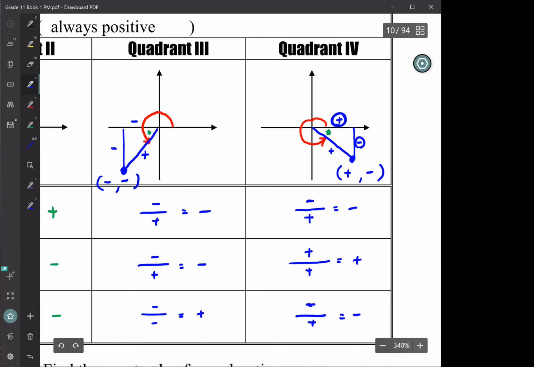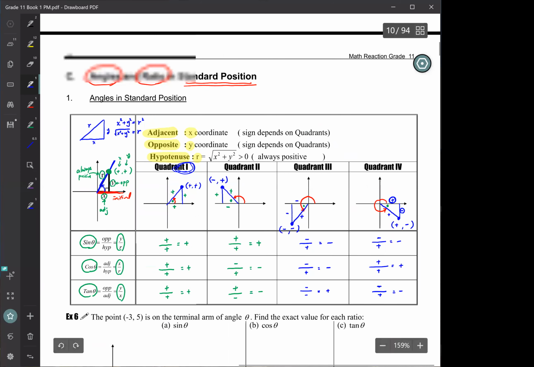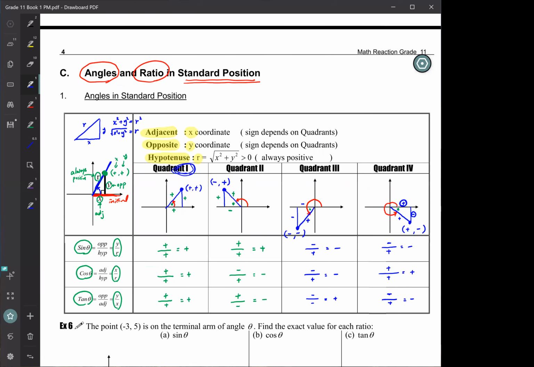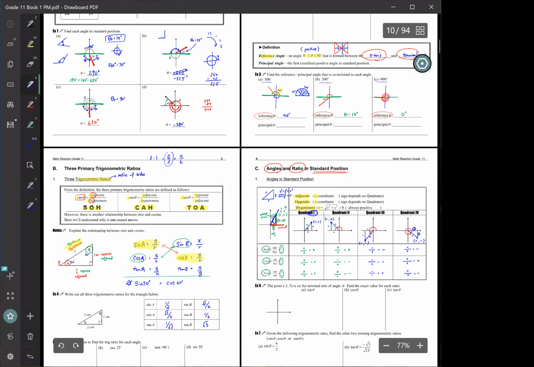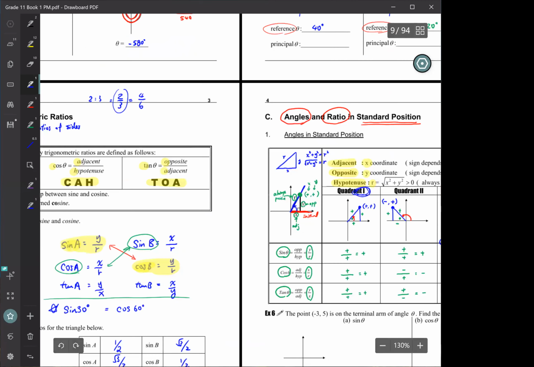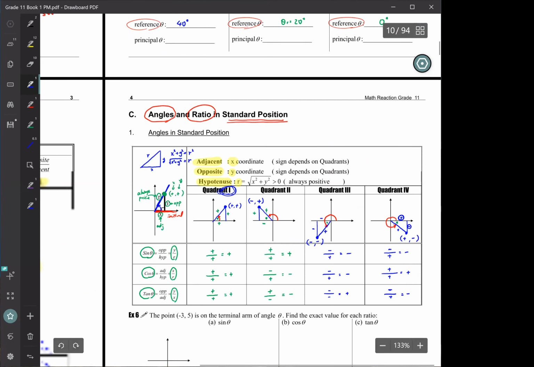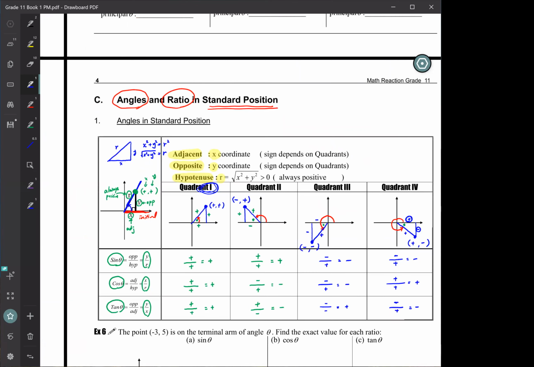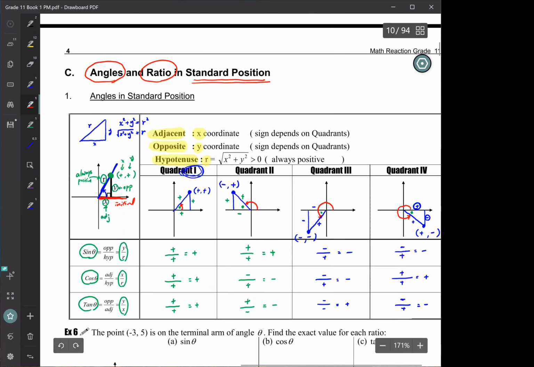Looking at the chart in general, let's quickly summarize, because next class we're going to combine this chart with what we learned before so we can do the questions. This week, we don't have any question on the chart, just preparing you for the next class. The pattern from the chart: in the first quadrant, everyone is positive.